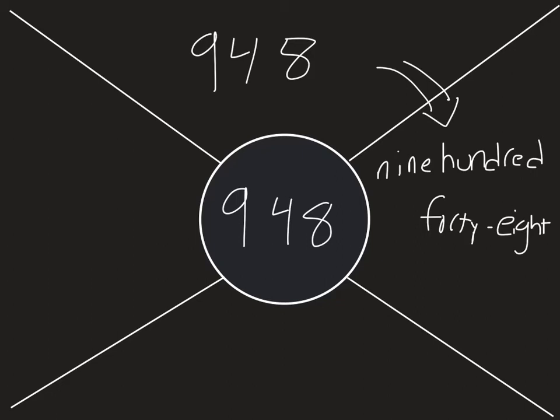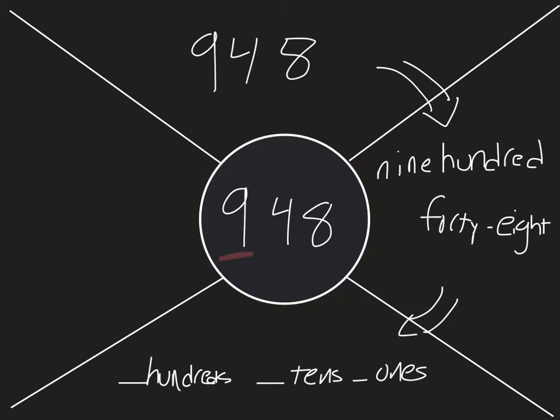Now let's look at unit form. Unit form tells us that we need to write out how many hundreds, tens, and ones are in a number. So let's go ahead and study our number in the middle. Our number in the middle has 3 places, so everything will match up.